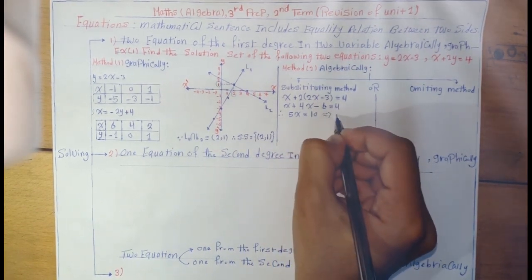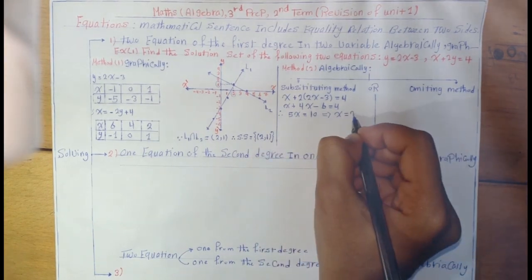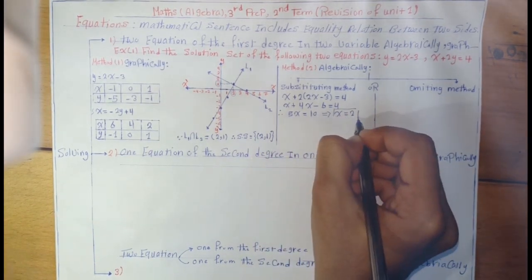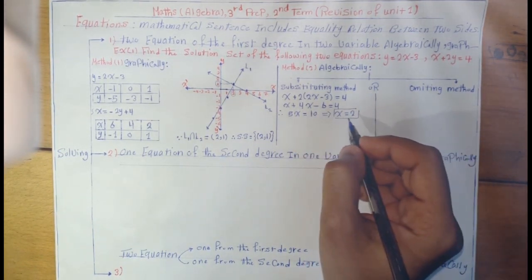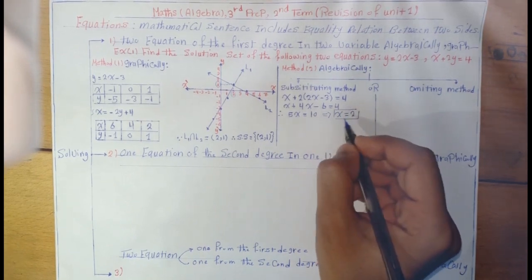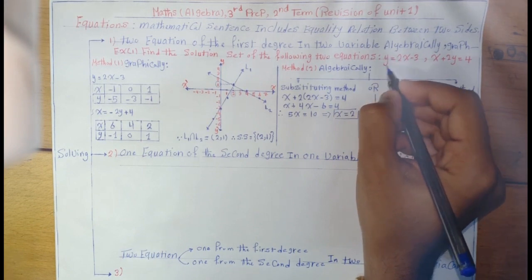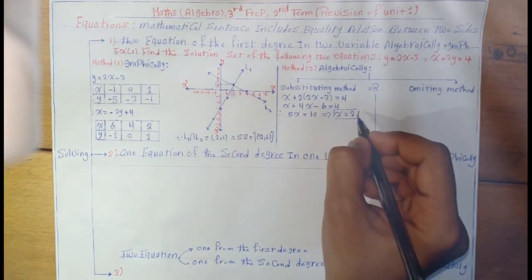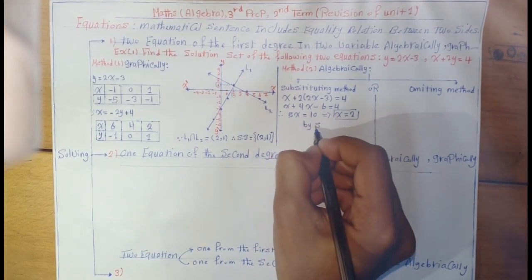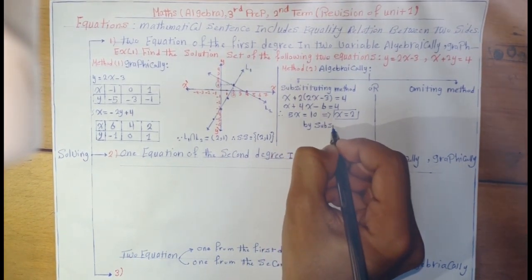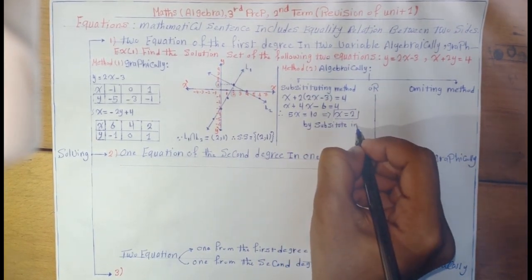Then x equals 10 over 5 equals 2. This is the value of the first variable x. Now we will substitute this value in the first equation to get the value of the variable y.